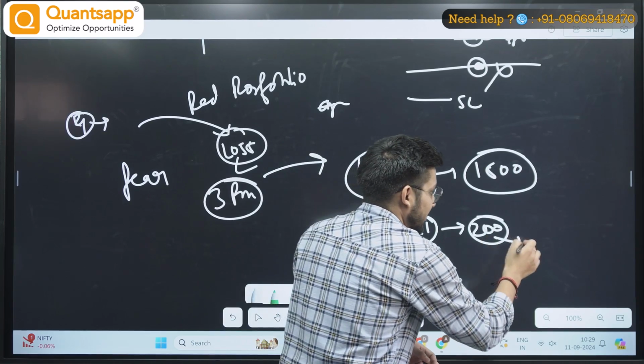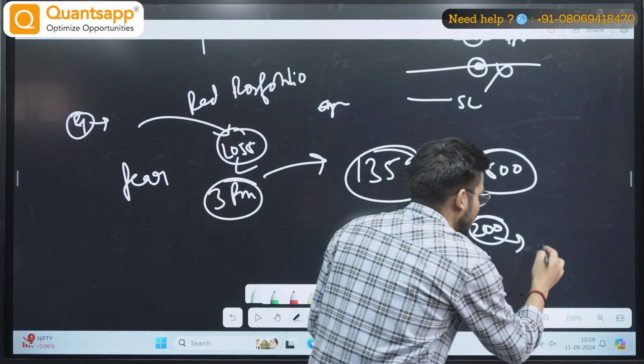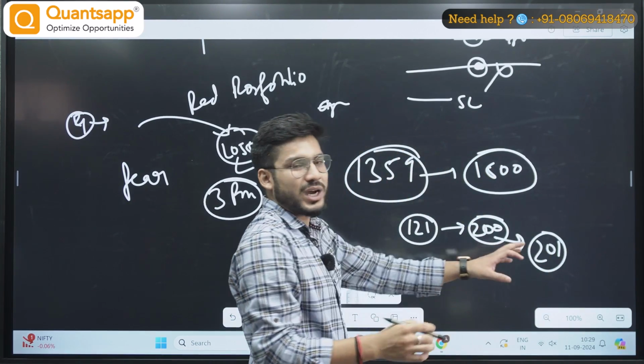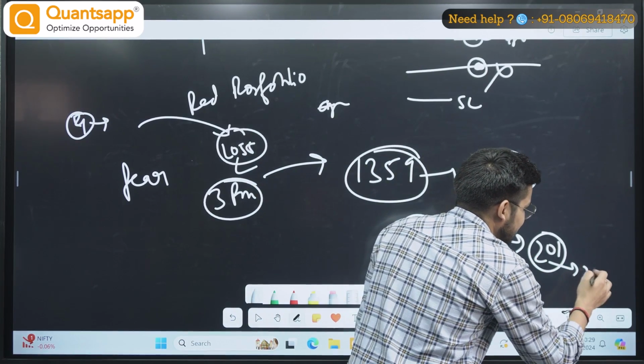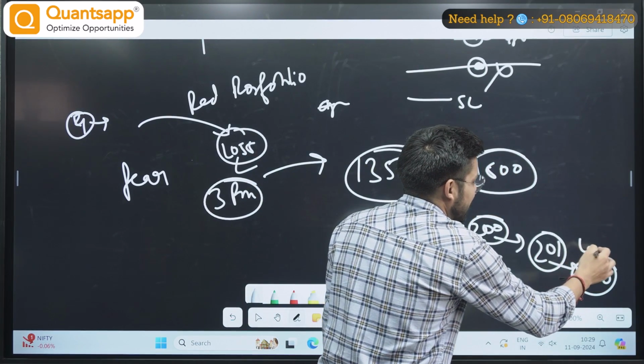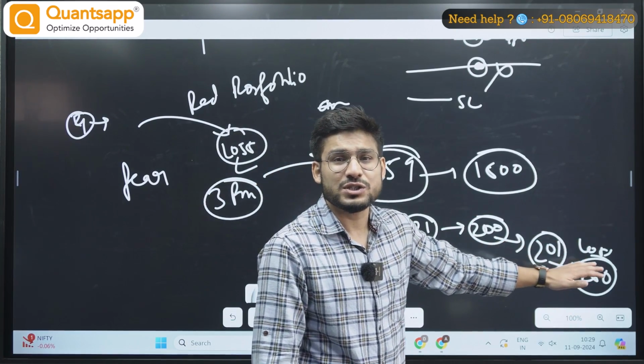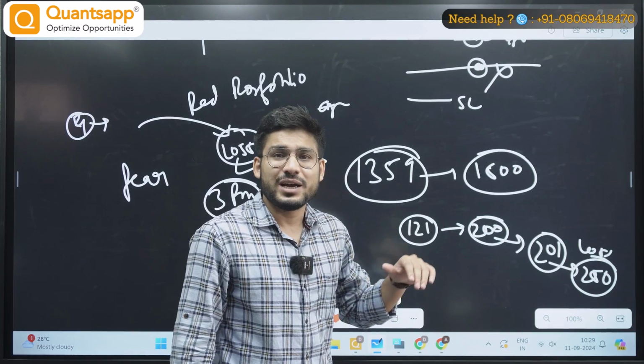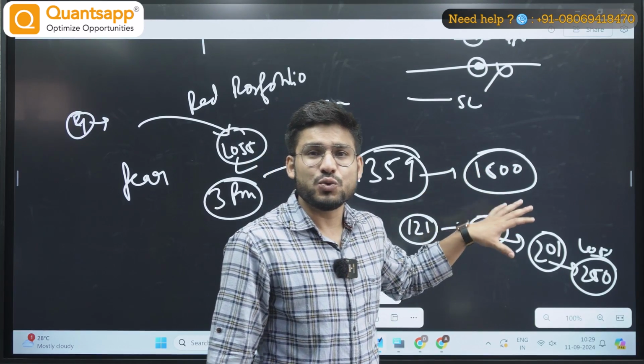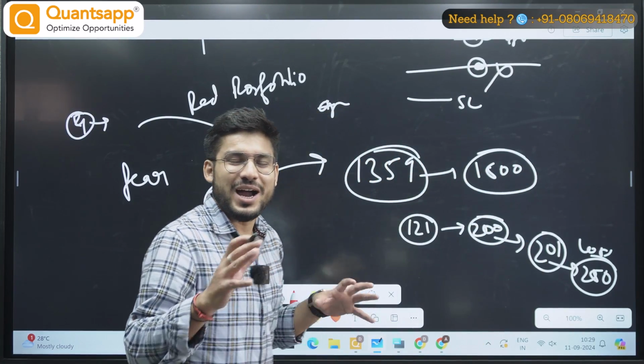But the market will not make a 200 loss, it will make 201. Then he thinks, okay, I'll exit when my loss is 250. So he does not have a definite loss or a definite target when he is trading, and that tends to overtrading, right? I hope this is clear.